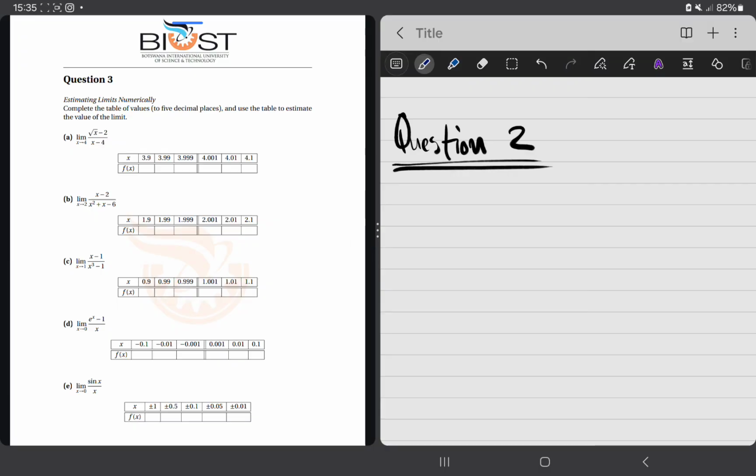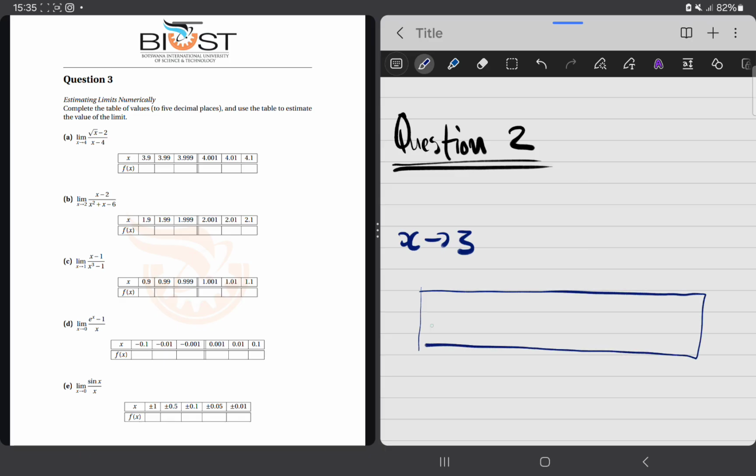It's so simple. How we make tables is we always look at what our limit is approaching. If x is approaching 3, then when I make my table, it's going to have 6 values, right? So it has to have 2 rows, one for x and the other one for f of x, okay?